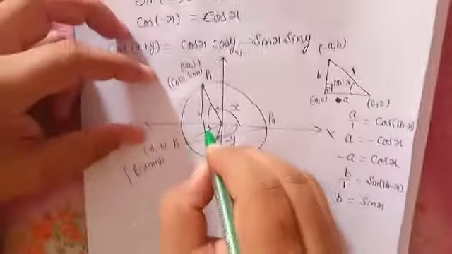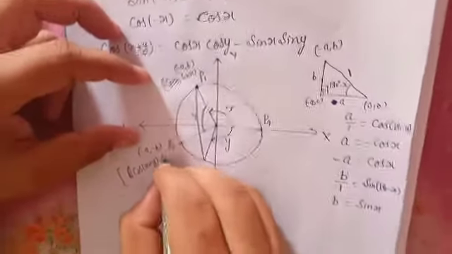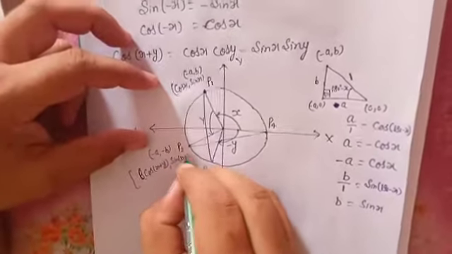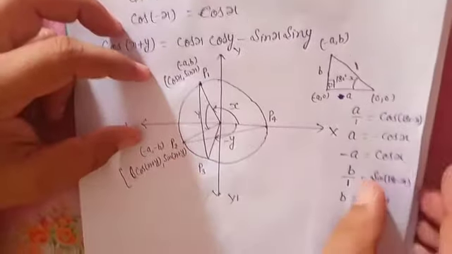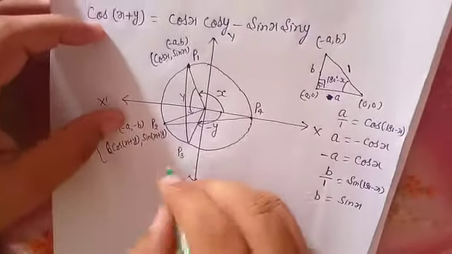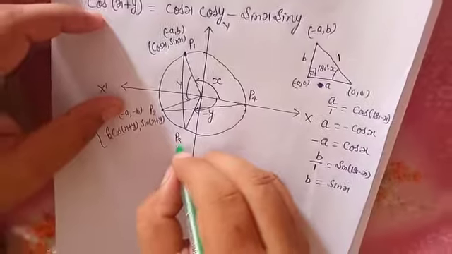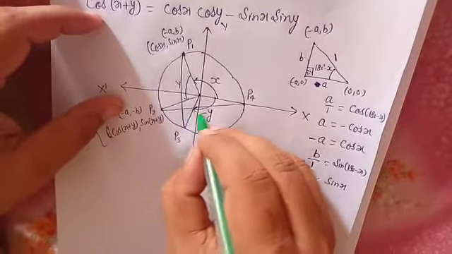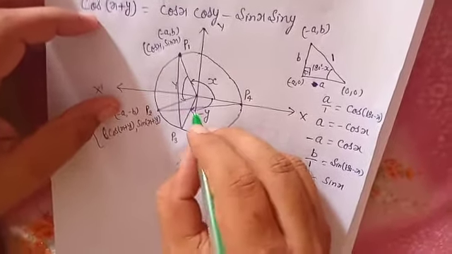What are these? Cos of x plus y. Here the angle is this x and this y. And this is sine of x plus y. Try to find out with the help of this. This point P3, angle is this with the x-axis. So what is coming?